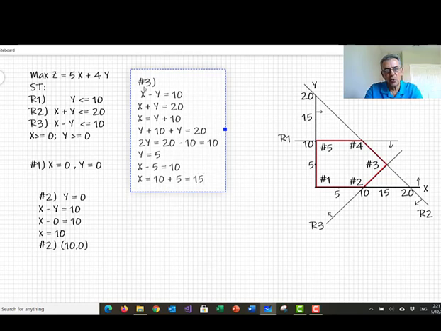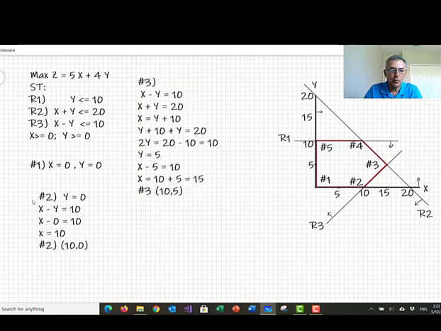That gives us the value of x equal to 15 and y equal to 5, and that's our third extreme point. The third extreme point is 15 and 5, which makes sense. It's about 15 here for x and 5 here for y.